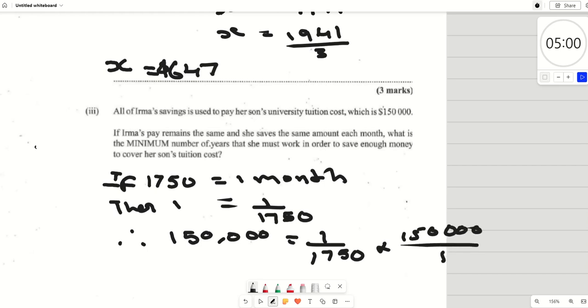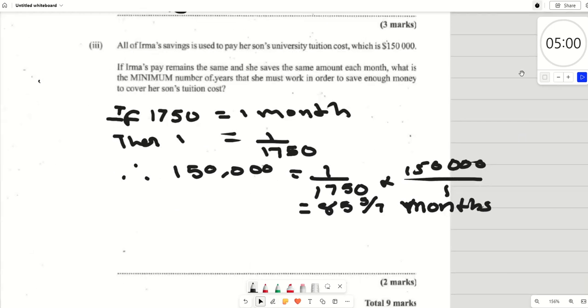Right, that's how many months, but they're asking for the minimum number of years. So that's 150,000 divided by 1,750. This is equal to 85 and 5 over 7 months, sorry.